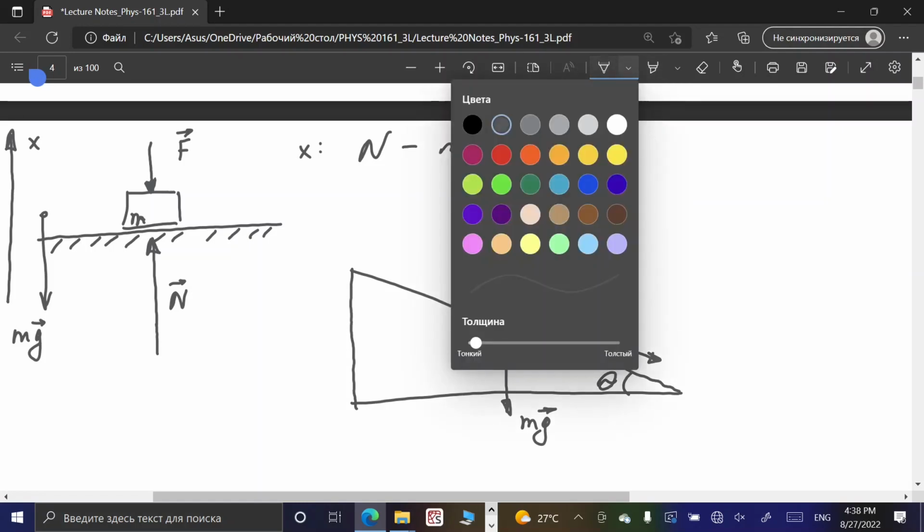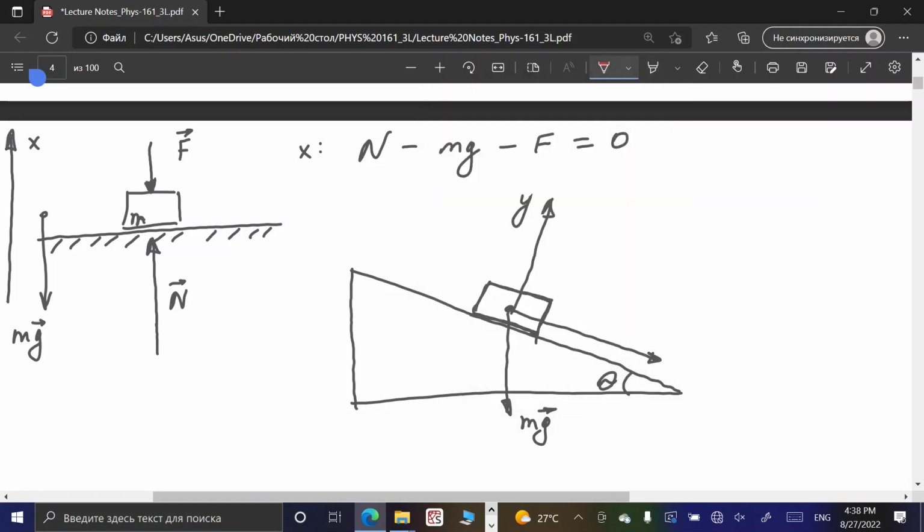Let me change the color. So here we will have mg times cosine theta. That will be the component of weight along axis y. This component will be compensated by reaction of the plane. So this will be N.